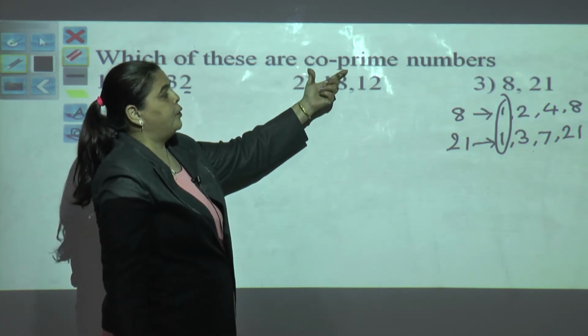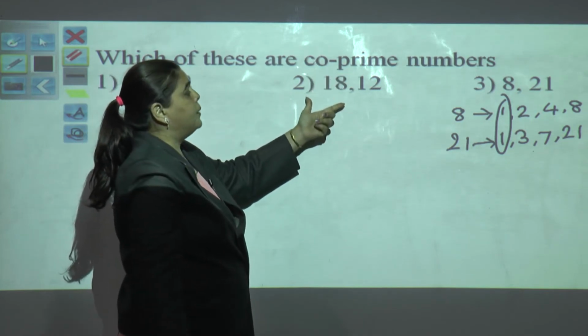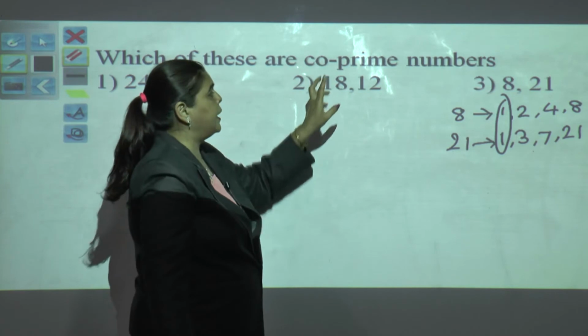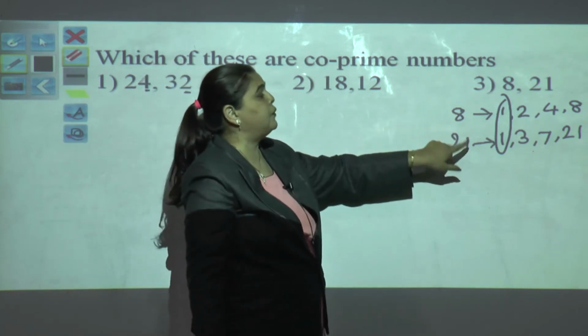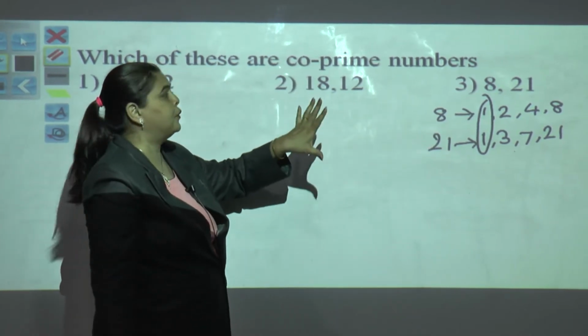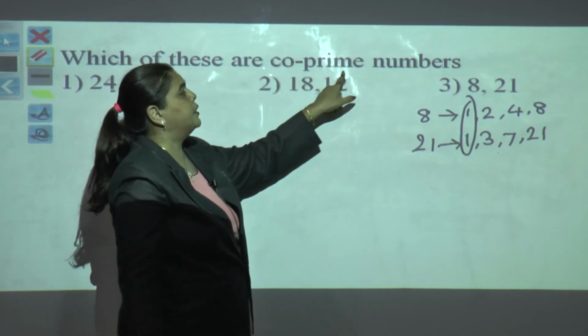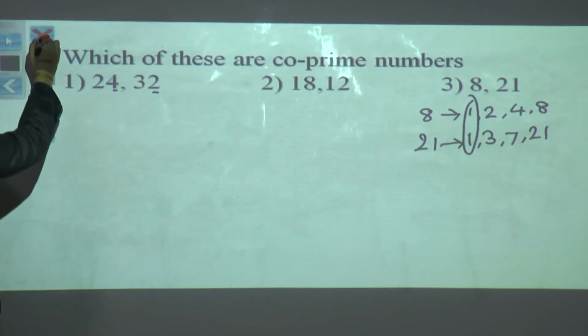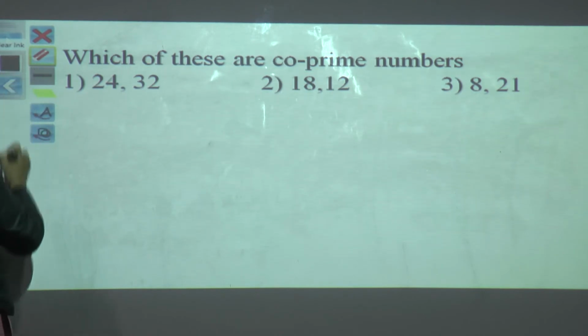Again I have explained it because you might be getting confused. When there is only 1 as a common factor between two numbers, three numbers, or four numbers, then those numbers are called co-prime numbers. I think everyone understood what co-prime numbers are.